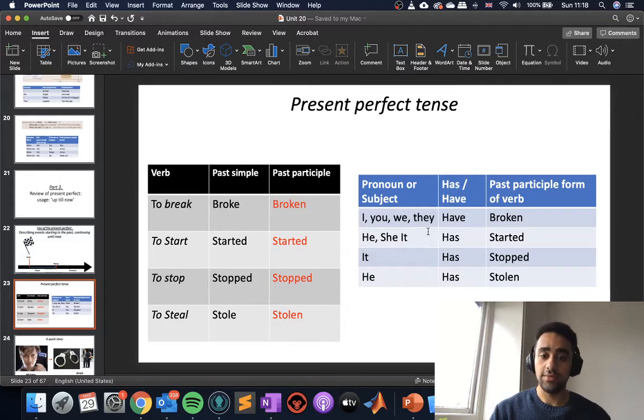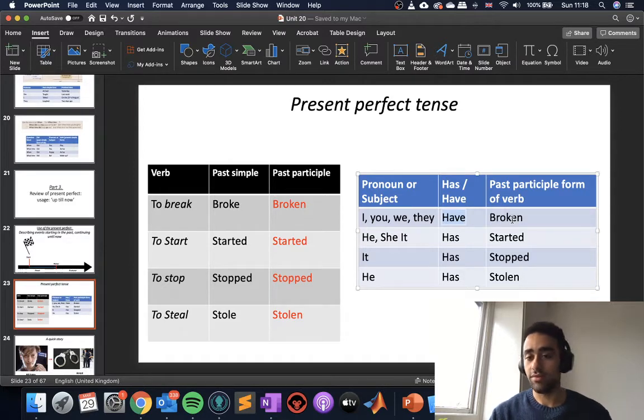For I, you, we, they, we use have, and then the past participle form of the verb. So break, the past participle of it is broken. Break, past simple would be broke, and then broken is the past participle. For he, she, or it, we use has, and then again the past participle form of the verb.